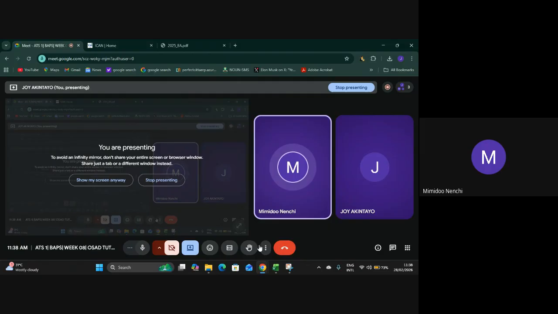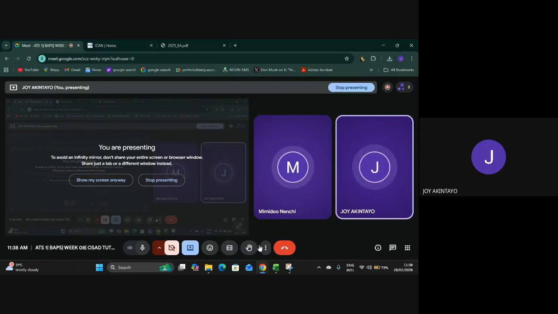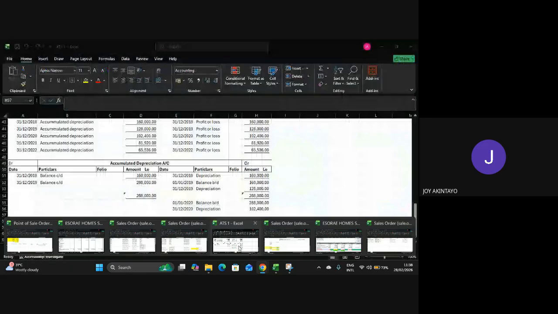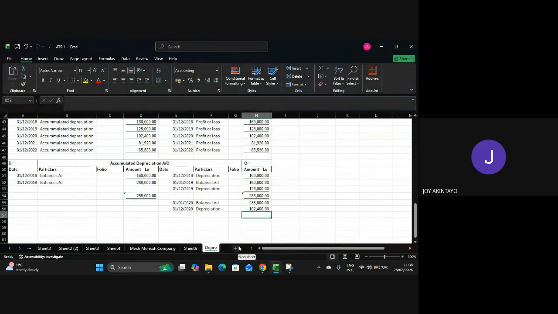I'm with you. I said 228,000 naira plus 102,400. How much is that? It's not that I can't calculate it directly from here, but I want us to be on the same page when you are seeing it.